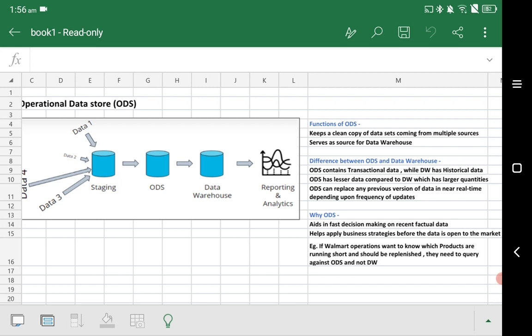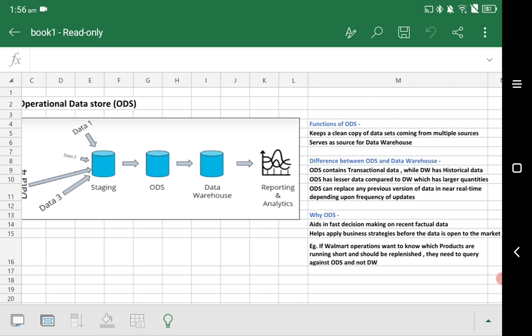A very common example I can cite is of a very large American multinational retail corporation which operates a chain of hypermarkets and grocery stores called Walmart.